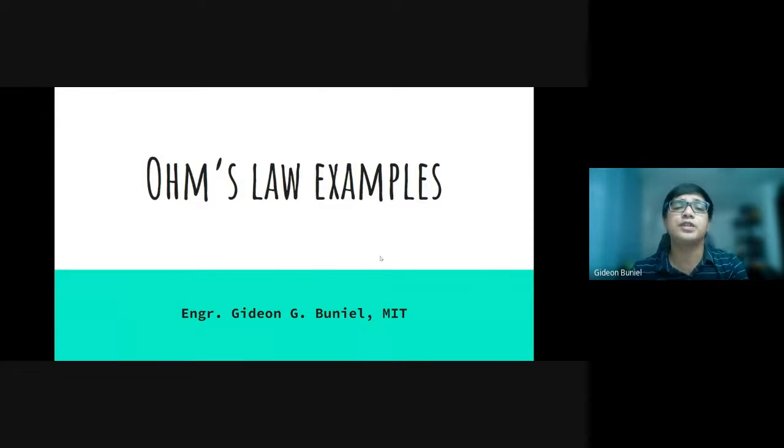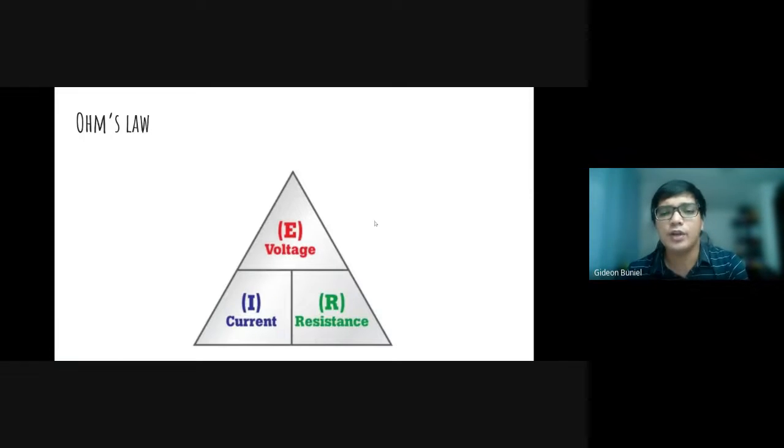Now, let's proceed to one of the most important things to learn about the fundamentals of electricity and electronics. Okay, we have Ohm's law examples here. In Ohm's law, just imagine this pyramid here. We have the voltage, the current, and the resistance.